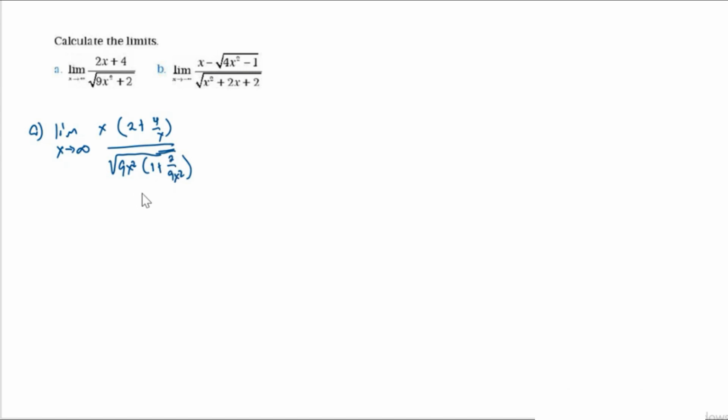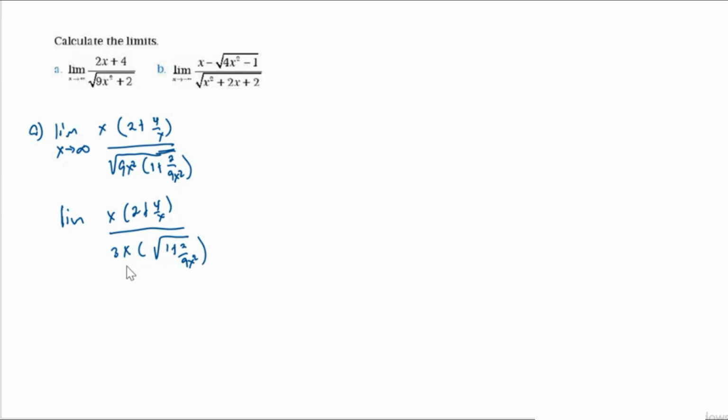Now we are going to simplify further. So we have here the limit of x times 2 plus 4 over x, all over, we are now going to take the square root of 9x squared. The square root of that is 3x times the square root of 1 plus 2 over 9x squared.